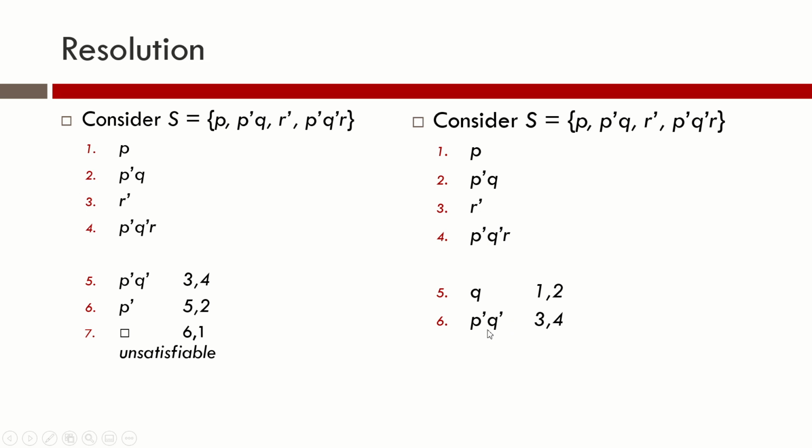We have P complement Q here, and P complement Q complement, or we have Q and P complement Q complement. When we perform resolution on this, we get P complement. So what happens here is we don't get an empty clause. We get P complement, and we don't get an empty clause.